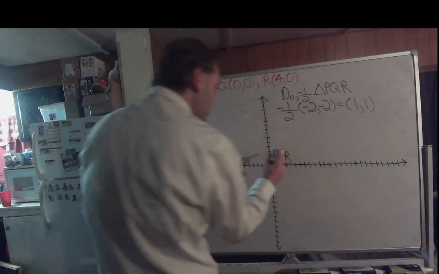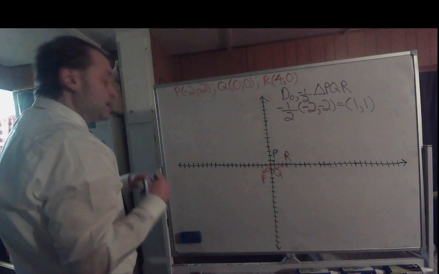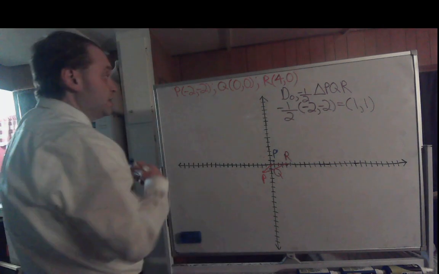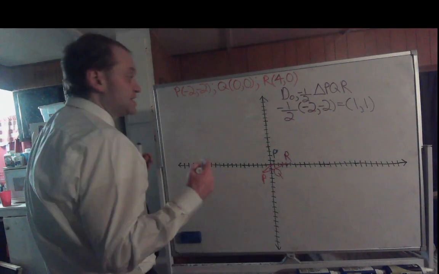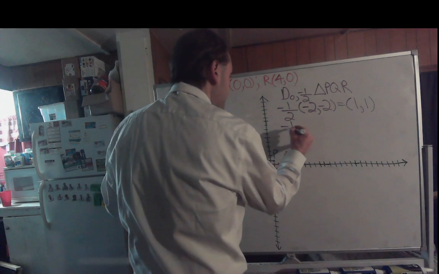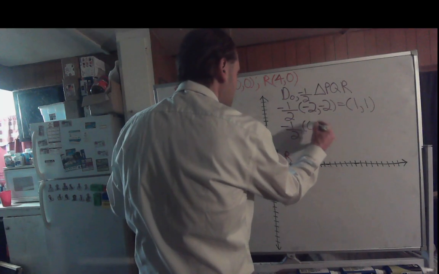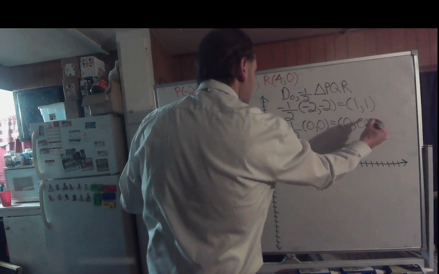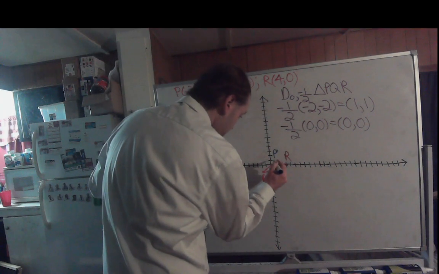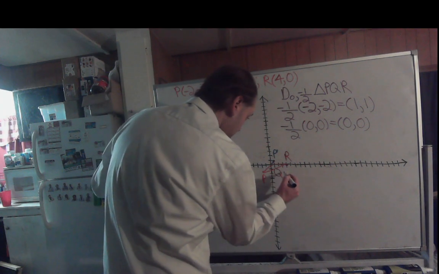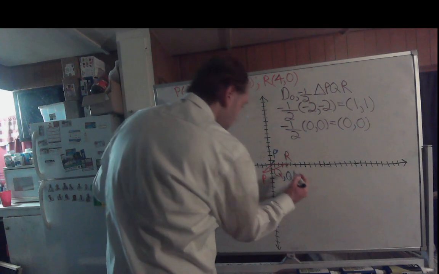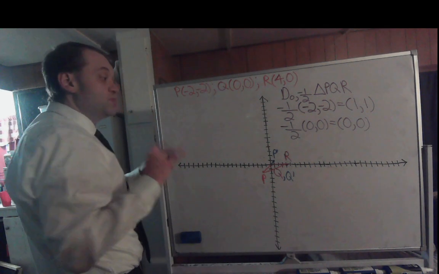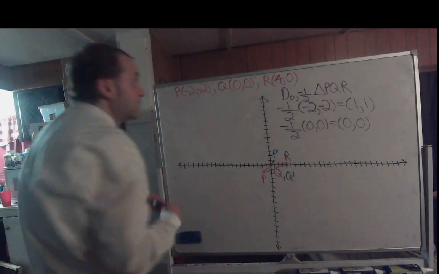There's our P prime at 1, 1. Now let's find Q prime. Well, I think it's safe to say anything times 0 is 0, so Q prime would also be at 0, 0. So here's your Q and Q prime, one and the same at 0, 0, but we do need to find R prime.